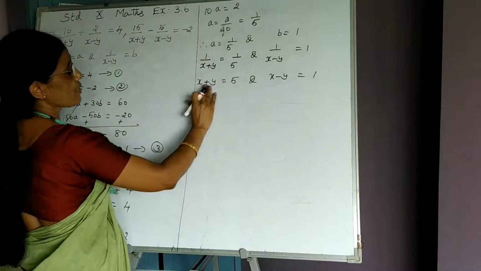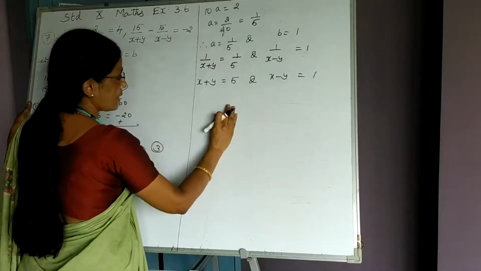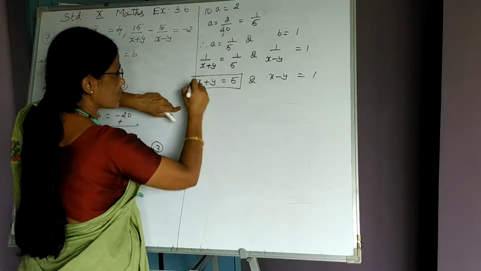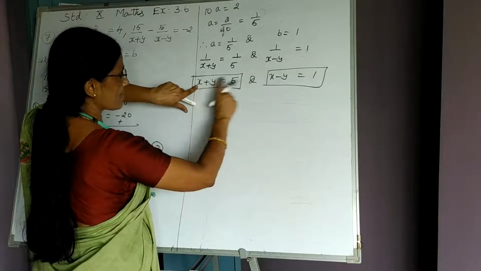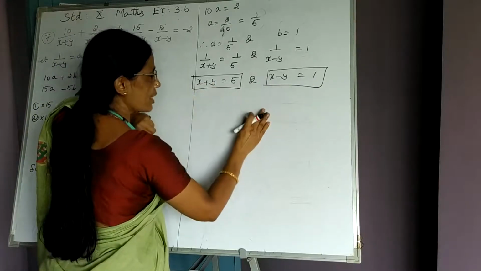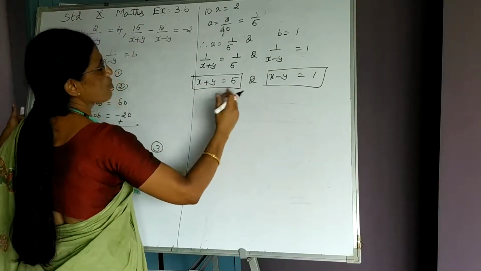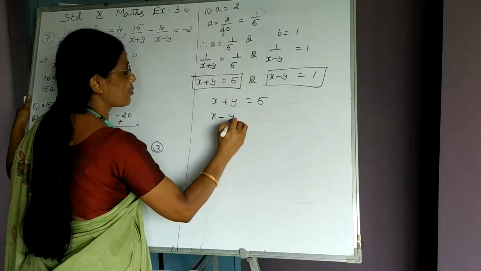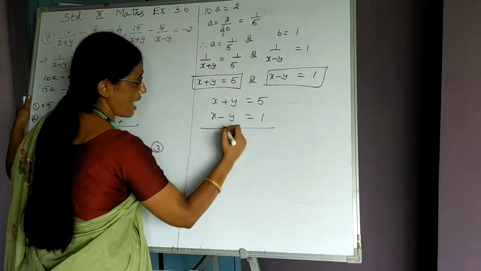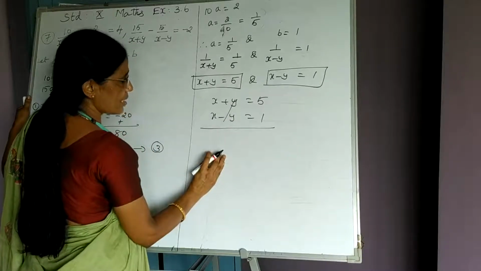We want values of x and y separately. Therefore, again we have to solve these two equations. You can see here x coefficients are equal, y coefficients are also equal. Therefore, directly without choosing any multiplier, the equations can be added or they can be subtracted. Here I am adding the equations. y term gets cancelled.